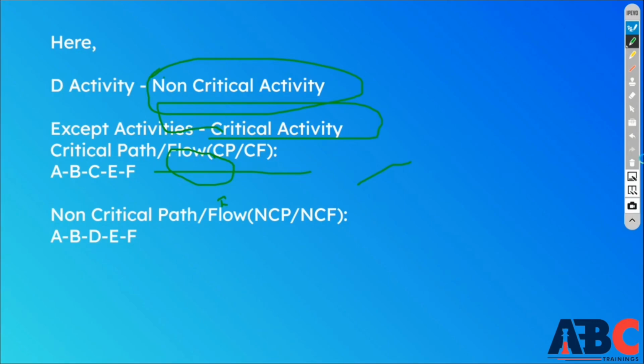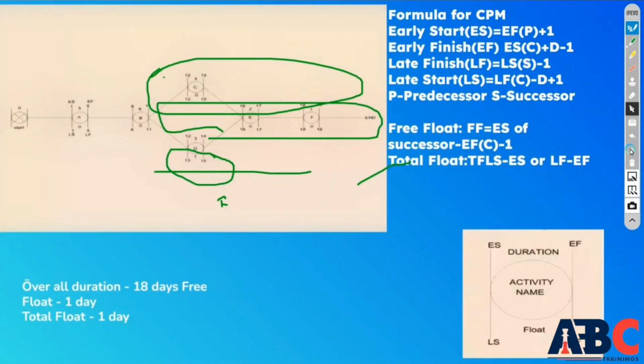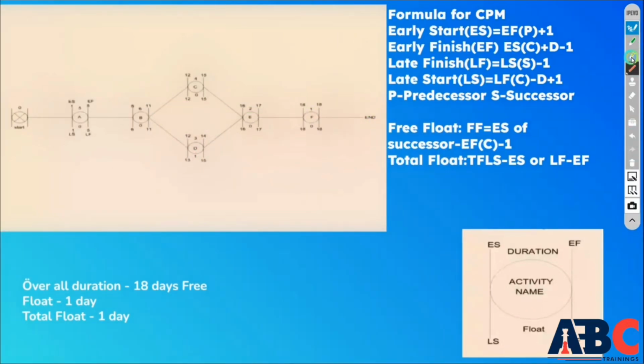So we call A, B, D, E, F the non-critical path. Okay. So now we will see in the diagram which is the critical path and which is the non-critical path. This path is your critical path, which you can see in yellow color, and the second is your green path, which is the non-critical path. I hope you have understood the CPM method and network diagram.